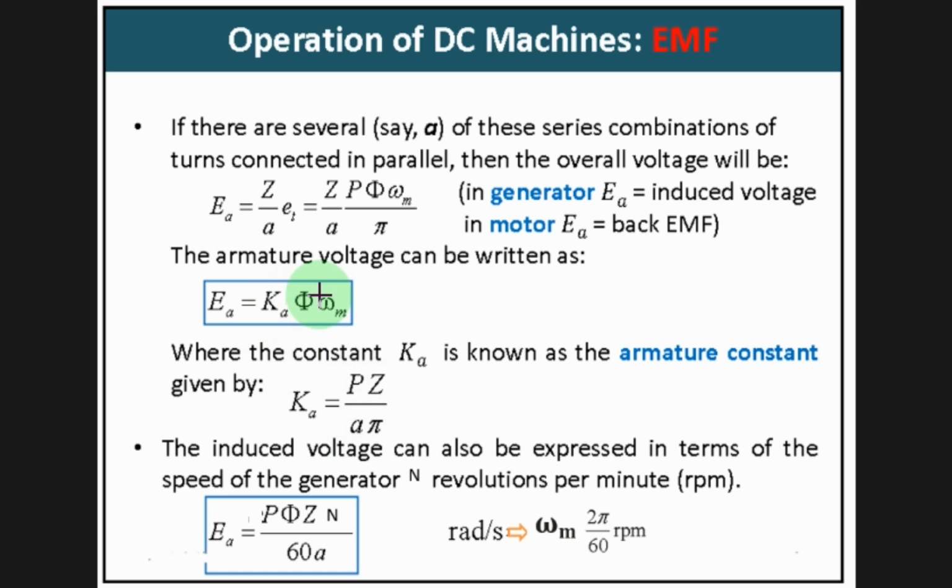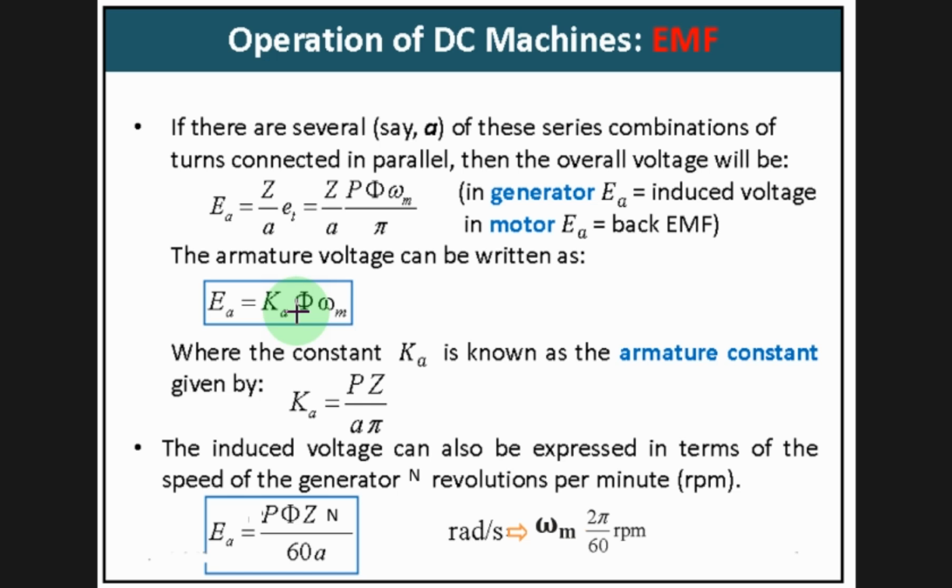And then φ is flux per pole, and ω_m is the angular velocity of the motor in radians per second. So we can express the same. So this equation is correct, right? There is a problem with this Z, but when I check in several books, Z is actually number of conductors, not number of turns.